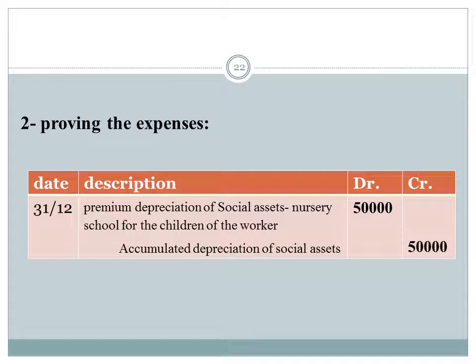So the cost of the social asset equals 500,000, divided by 10 years, equals 50,000. So the debit side, premium depreciation of social assets, nursery school for the children of workers. Credit side will be accumulated depreciation of social assets.